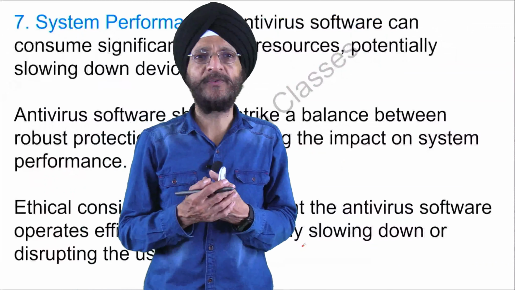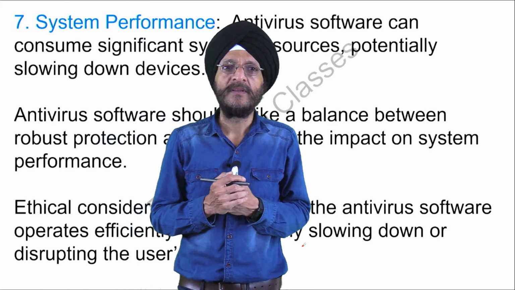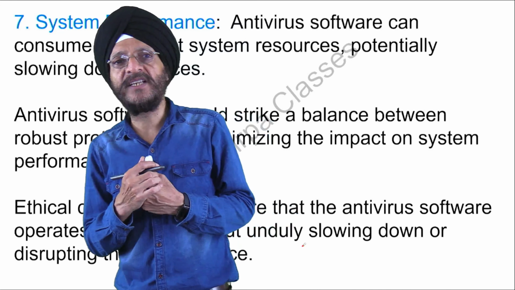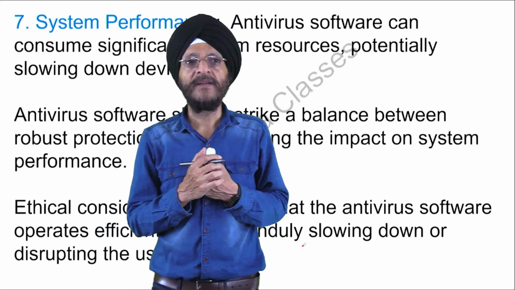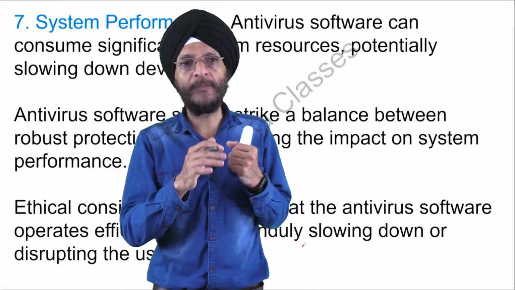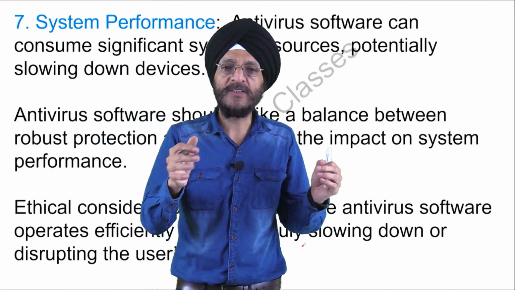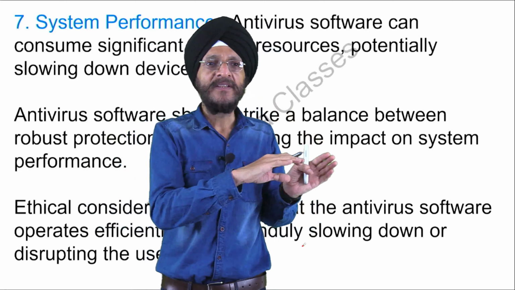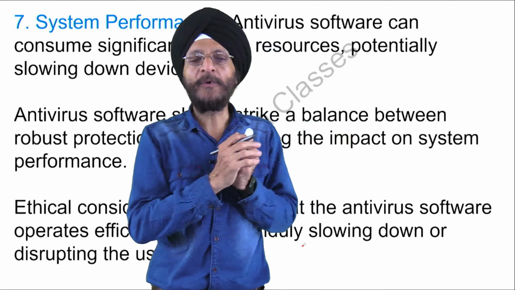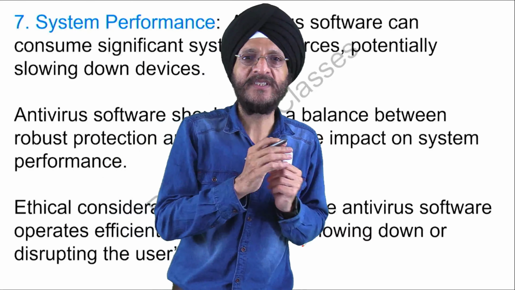Next is system performance. Antivirus software can consume significant system resources, and it can potentially slow down the computer system's performance. Antivirus software should strike a balance between strong protection and minimizing the impact on system performance.